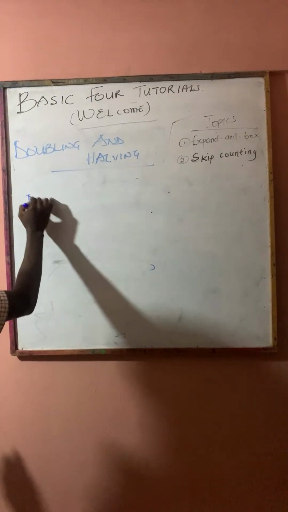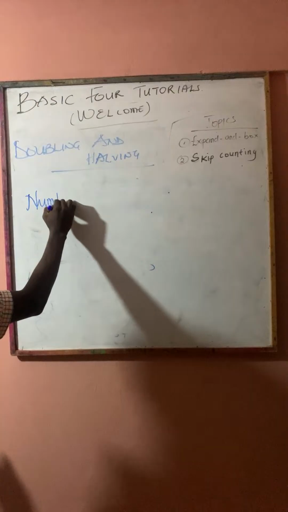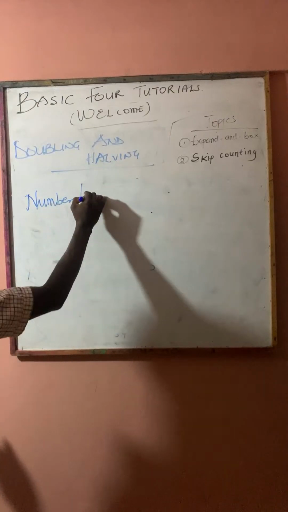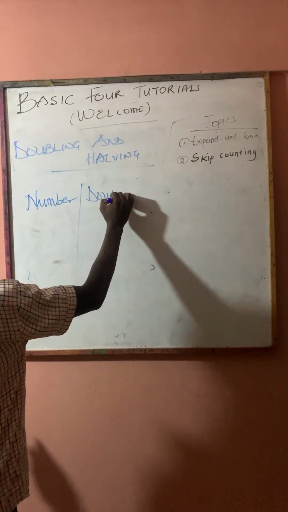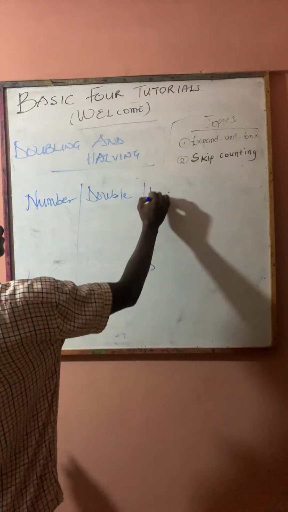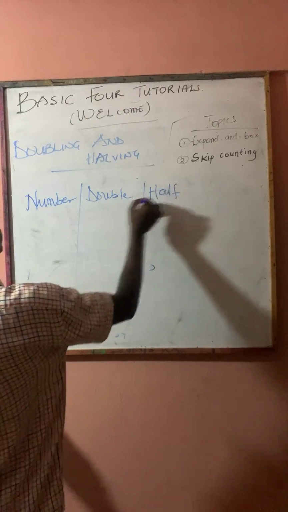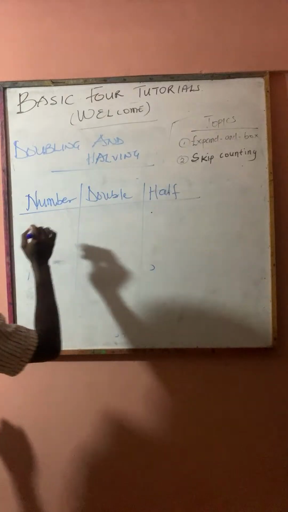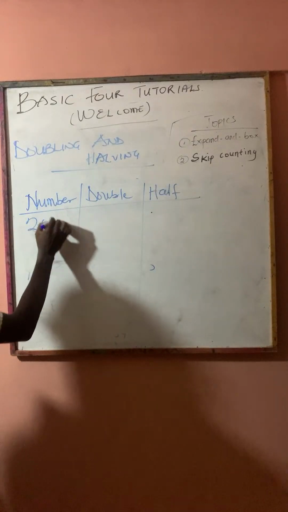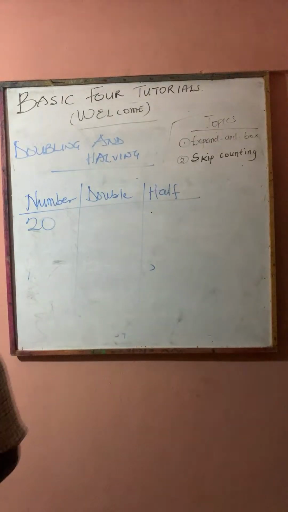Let's take a number here, the double and the half. Let's take the number 20. What is the double of 20?